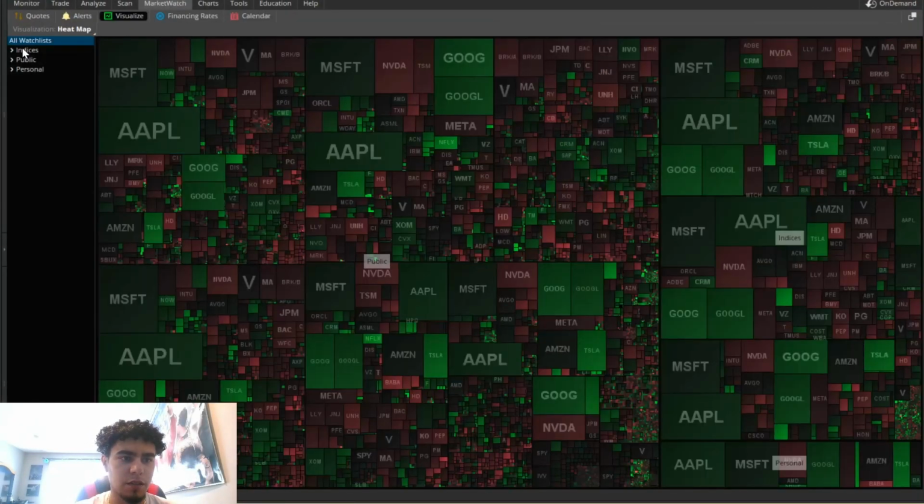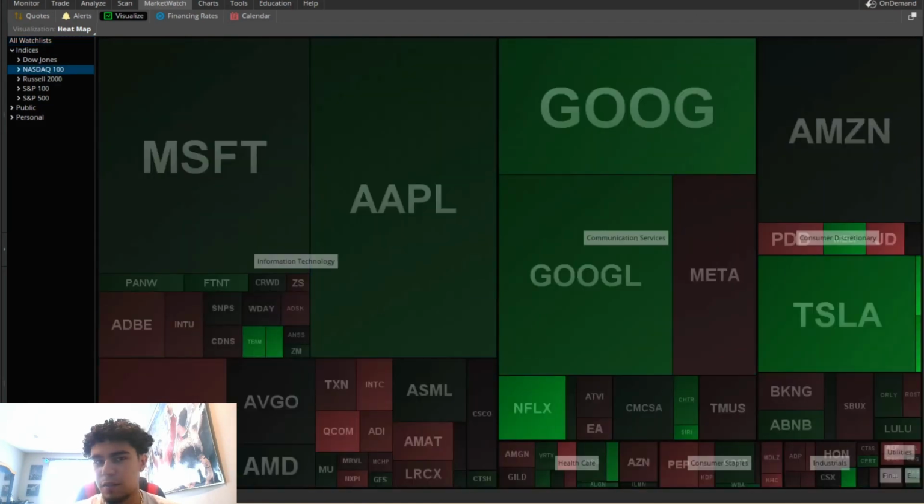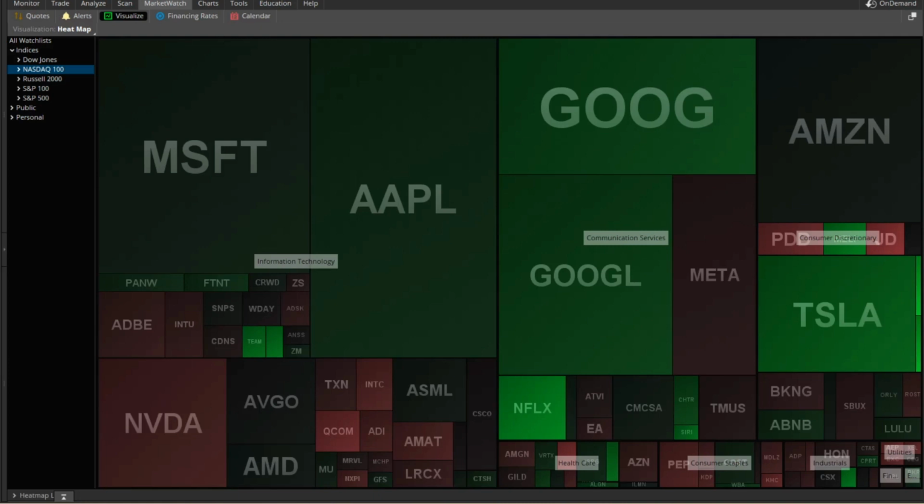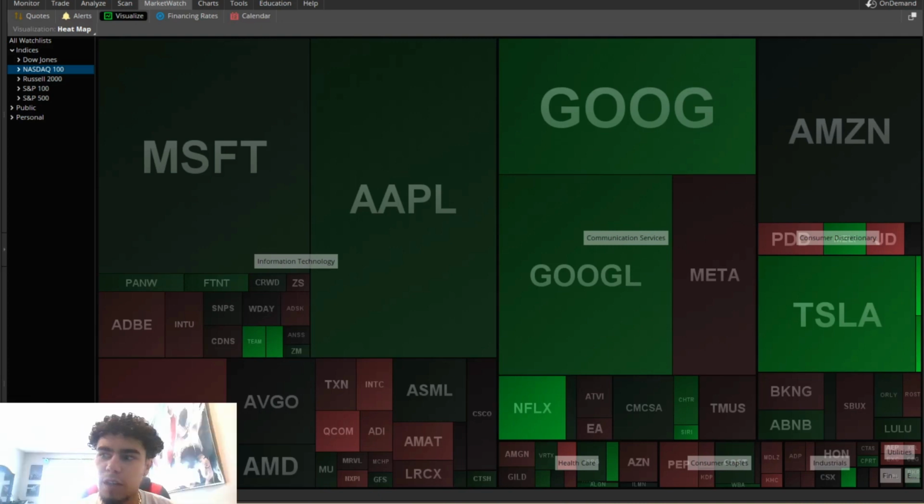The screen I'm showing you now is every stock that's listed in the Nasdaq. You can see that some stocks are bigger than others. What that means is that it's more highly weighted in that basket.